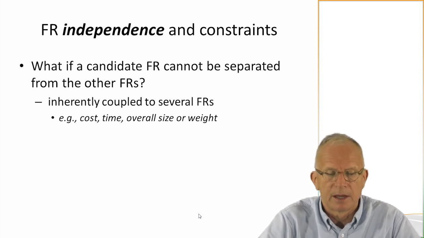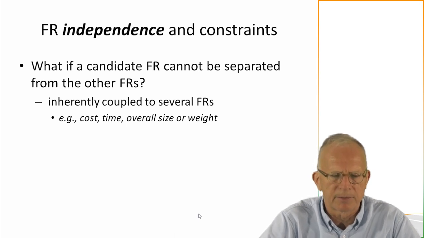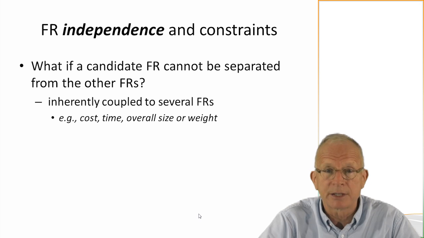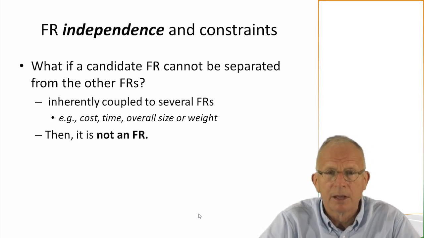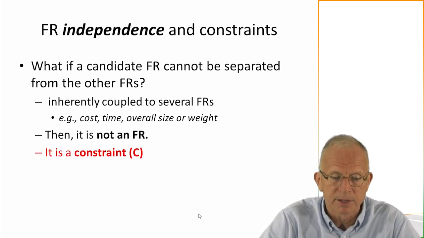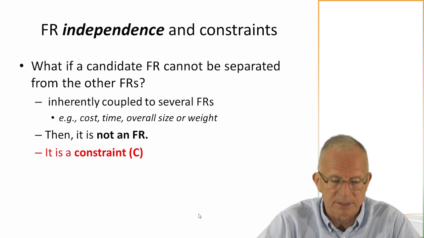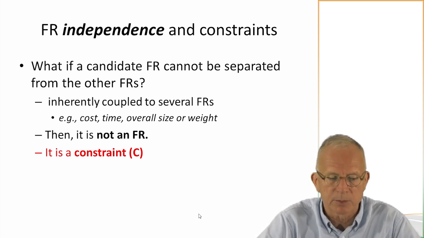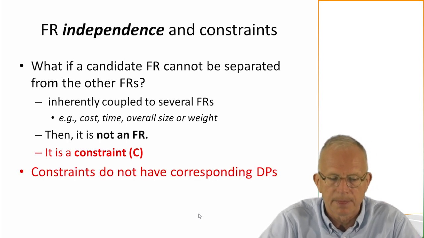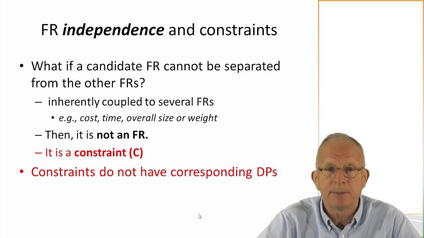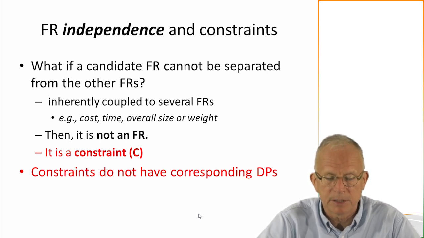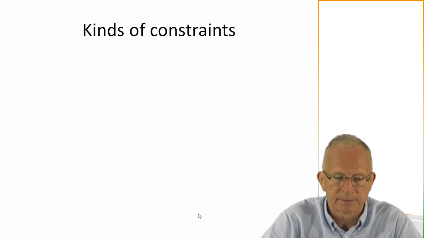Time: time to produce, time in the way it works, so there are different manifestations of time. Overall size and weight. These often impact many FRs and cannot be made independent from the FRs. So these would not be FRs, but rather constraints. And so cost, time, size, and weight are typical constraints. Now, the special thing about constraints is that they do not take DPs. So FRs take DPs, but constraints do not.